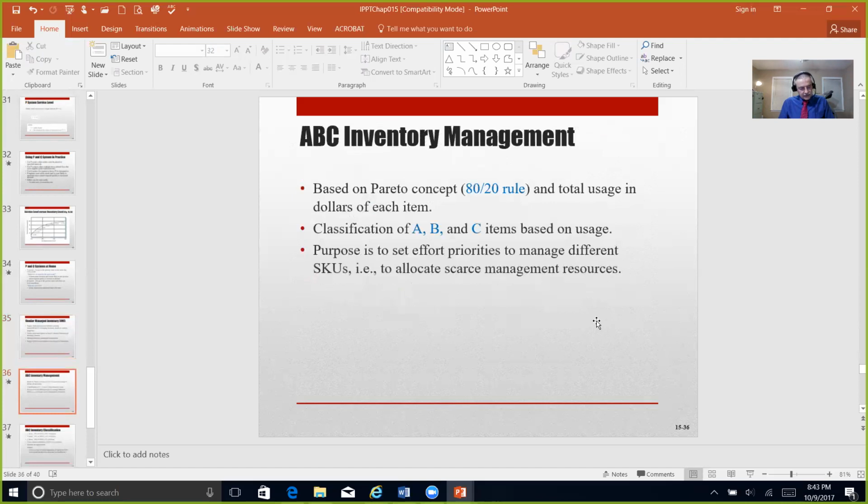Then we get into this concept on page 392 of ABC classification of inventory. This is the analysis of the 80-20 rule. This is really trying to describe that, like individuals in an economy, 80% of the work is done by 20% of the workforce.